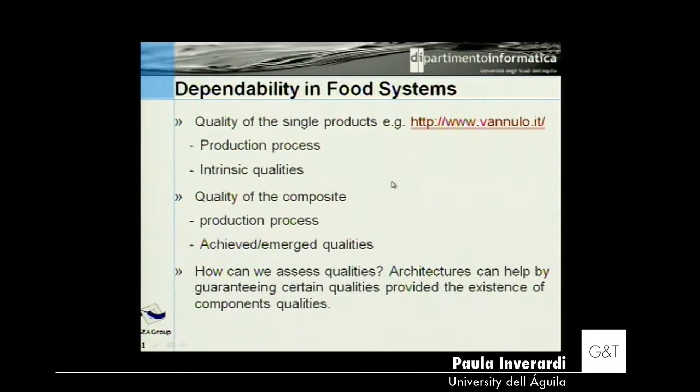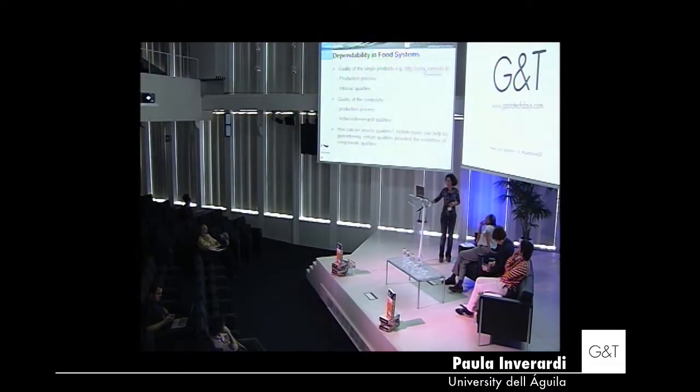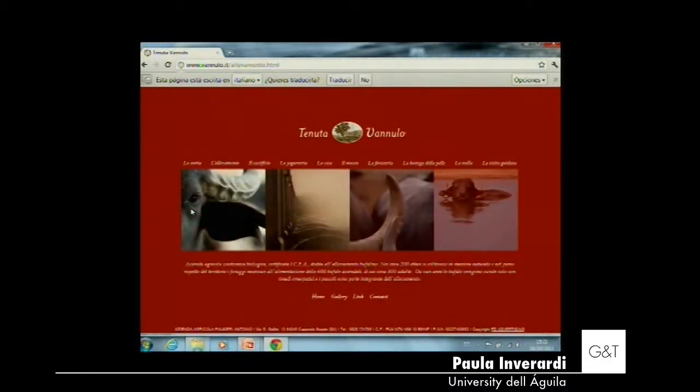Now, if we talk about dependability in food systems, of course, we talk about the quality of a single product. But this has to do with the production process plus intrinsic qualities. So, for example, if you look for mozzarella di bufala, I don't know if we will get anything here. You get a chance, which is not obvious, to buy a mozzarella di bufala coming from this place, which is Tenuta Vannulo in Cilento.